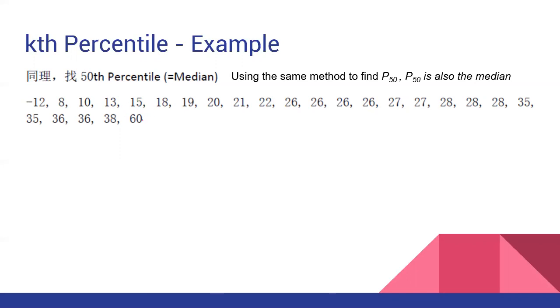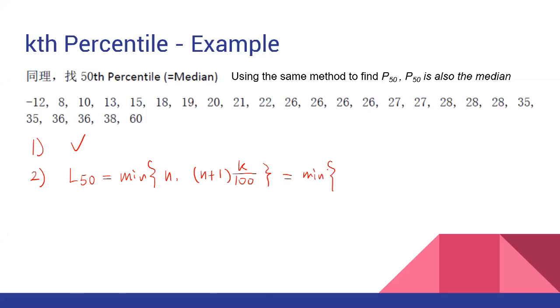The sample increases until it reaches the largest value, which is 60. The second step is to find L50. L50 is the minimum of n and (n plus 1) times k over 100, which is the minimum value of how many?